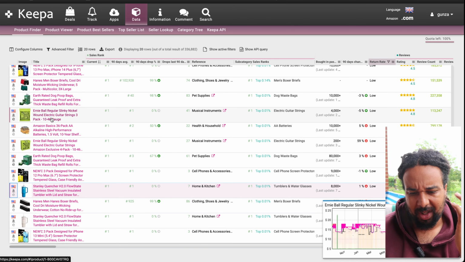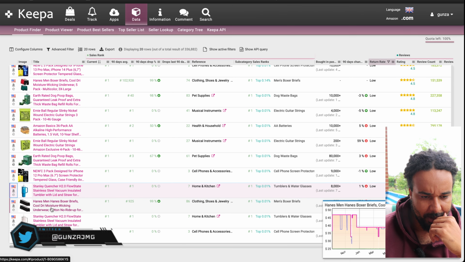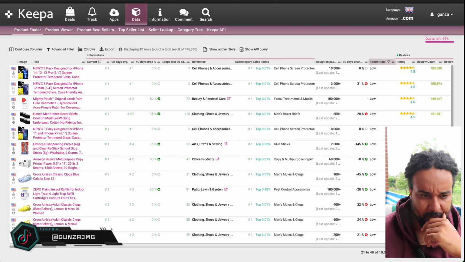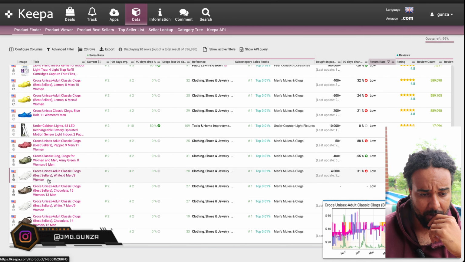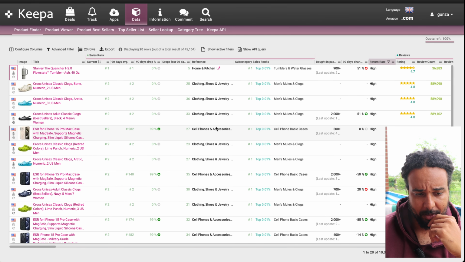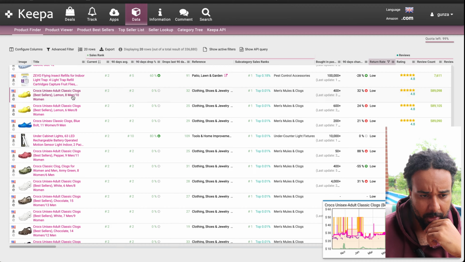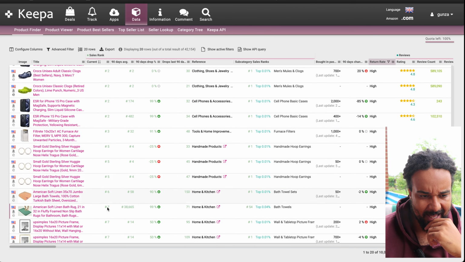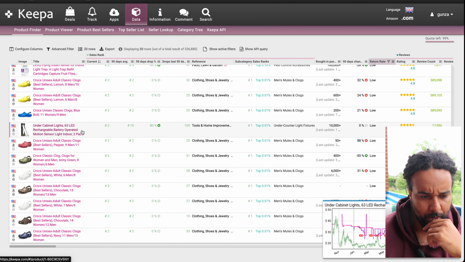So, okay, this is not stuff that we're going to sell, like batteries, all that stuff. Boxer brief. Let's look a little bit deeper into low returns items. So we have more Crocs actually in the low returns second page, and we have colors that are, wait, let me see. No, we do not have colors that have the deep blue one.